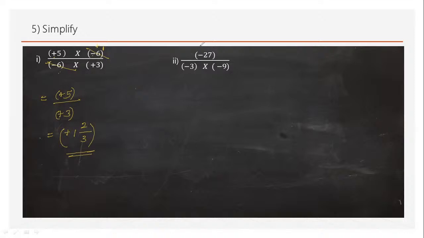Minus divided by minus is plus. 27 divided by 9, that is 3. Then cancel these two. Now plus 3 divided by minus 3. Plus divided by minus is minus. 3 divided by 3, 1. Answer is minus 1.